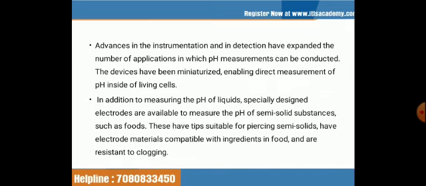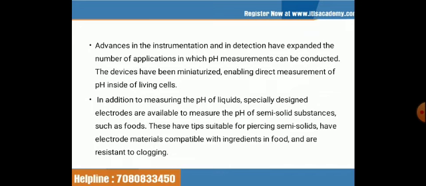The advances in instrumentation and detection have expanded the number of applications in which pH measurement can be conducted. The devices have been miniaturized, enabling direct measurement of pH inside living cells. In addition to measuring the pH of liquids, specially designed electrodes are available to measure the pH of semi-solid substances such as foods.